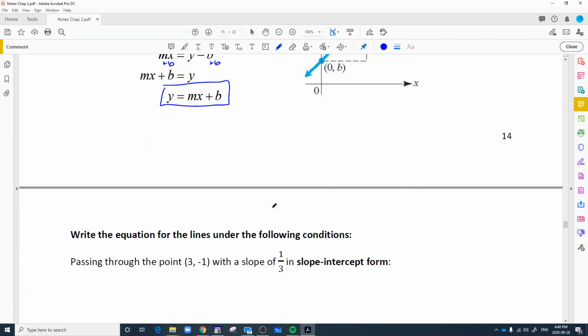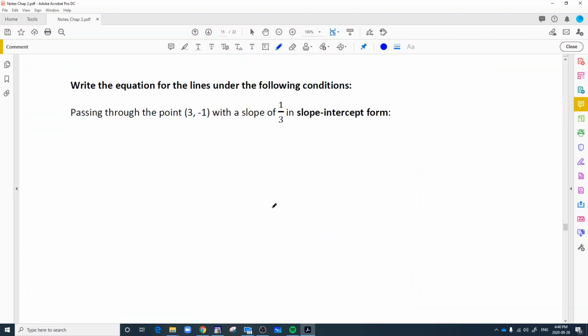And so keeping that in mind, you can find the equation of a line using a slope and a point with either method 1, which is y equals mx plus b, or method 2, which is using the slope formula.